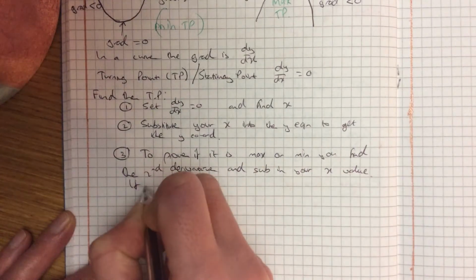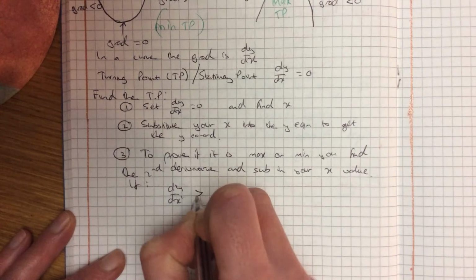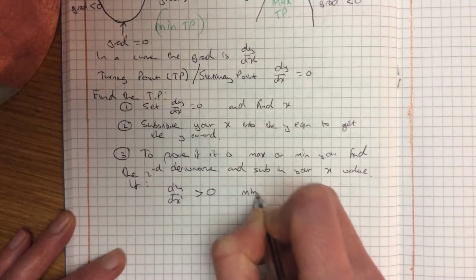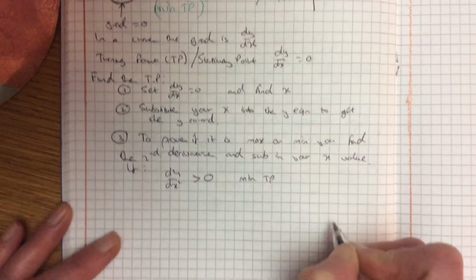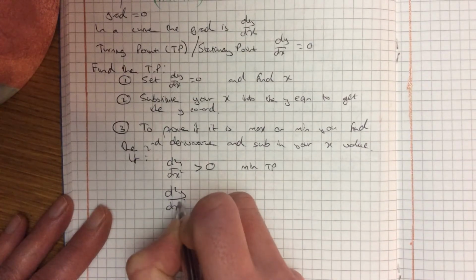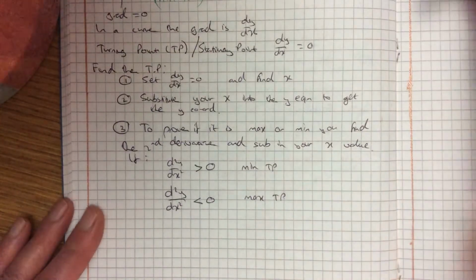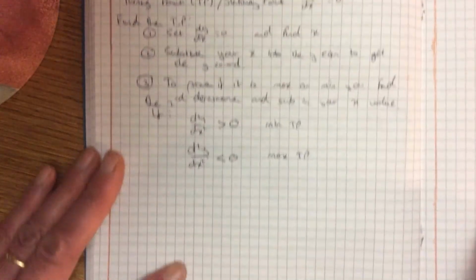And if your second derivative works out to be positive, it's a minimum turning point. It's the wrong way around to what you would think it to be. But if your second derivative is less than 0, it's a maximum turning point. And then something very strange happens if it equals 0.